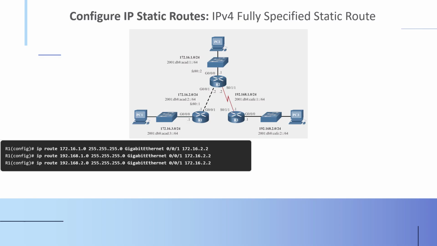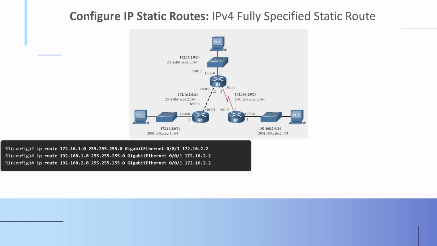And in the next line, we are configuring a fully specified static route by using the IP route command, and we can reach the network 192.168.1.0 with the subnet mask 255.255.255.0, which is /24.